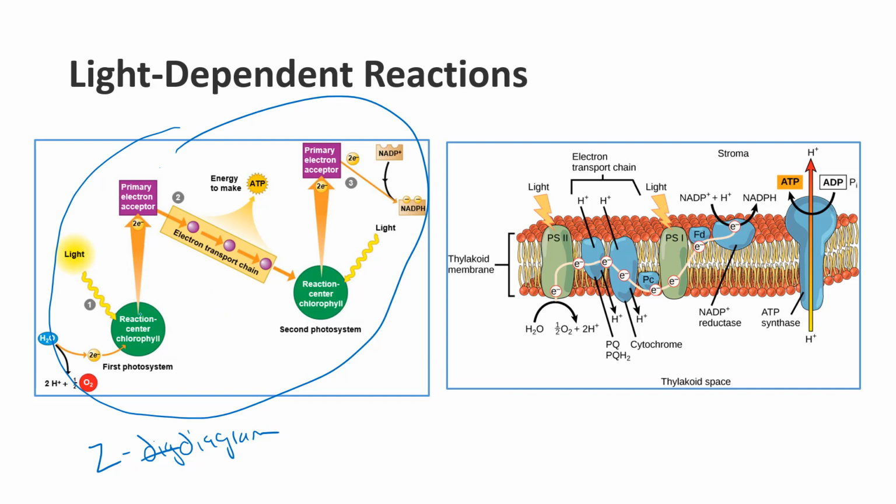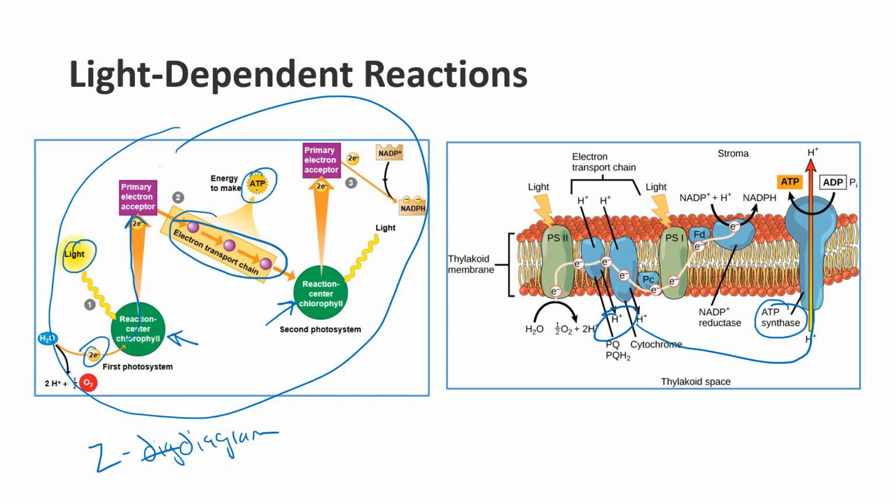And this maybe more simply illustrates what I just explained, where you have these two photosystems here and here, and light energy is used to boost up the low energy electrons, and the energy from those high energy electrons is used by the electron transport chain to pump hydrogen ions, and then with the actions of ATP synthase and photophosphorylation are used to make ATP.